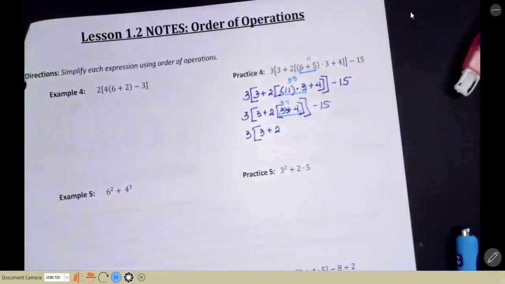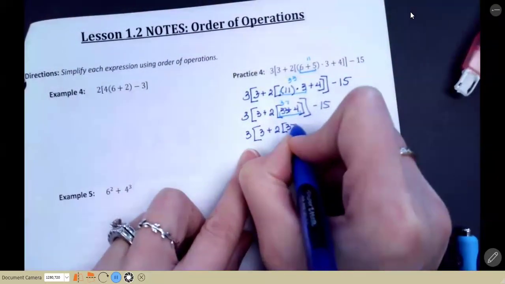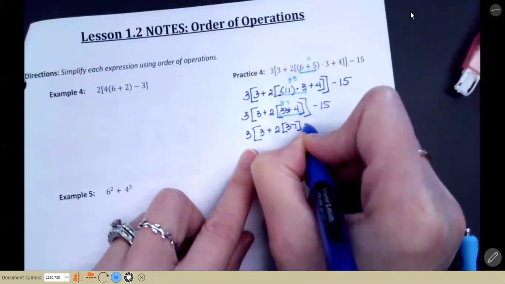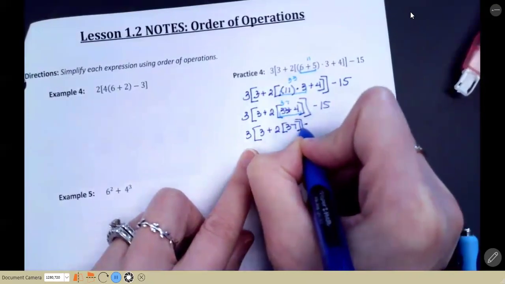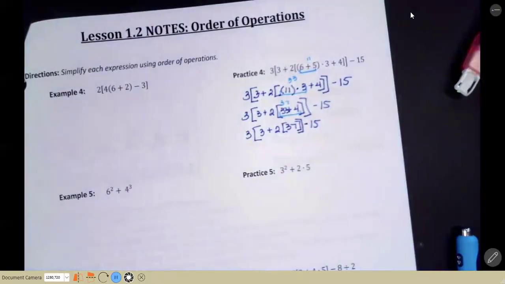Multiplication. Remember, brackets are a form of grouping, so they're like parentheses. Anytime you have a number right outside of a bracket or a parenthesis, we're multiplying those. We're going to just do it like this, 37. If you wanted to change that to a parenthesis, you could.